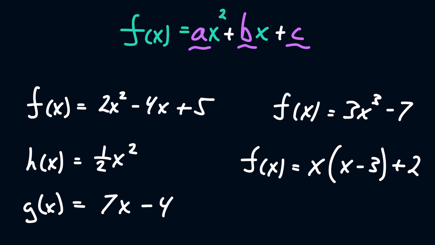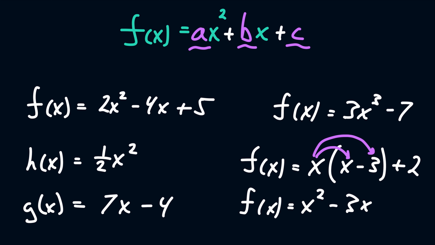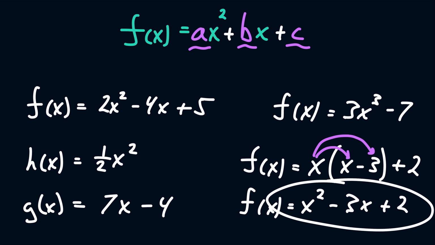For example, I can take this term, x, and distribute it to each of the two terms inside of that binomial. That's just simple distribution. If I do that, the result becomes x times x, which is x squared, and then x times a negative 3, which is negative 3x, and then we just bring down the positive 2. And wait a minute, this now looks like a quadratic.